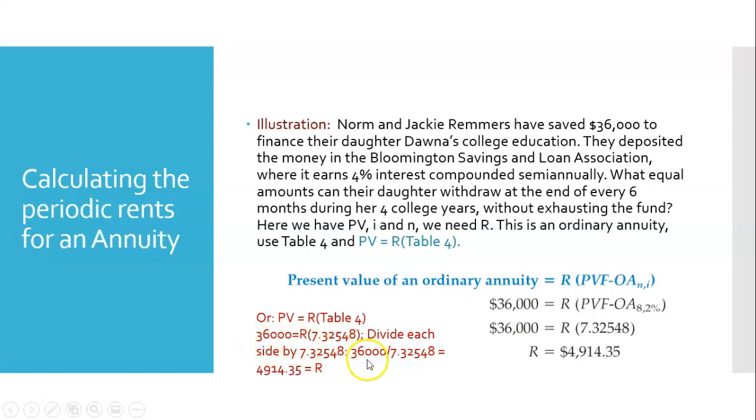So 36,000 divided by 7.32548 is 4,914.35. That's our R. So every 6 months, their daughter can take out roughly $4,914, and then at the end of the 4th year, she'll take out the final $4,914.